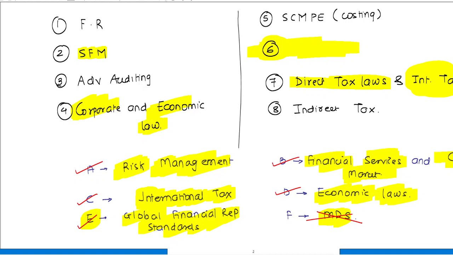Dear friends, these are different subjects. You cannot compare risk management with financial services, or economic laws with international taxation. In one attempt international taxation might be easy, in another economic laws might be easy. And if you have studied in depth, then each and every subject is easy for you.